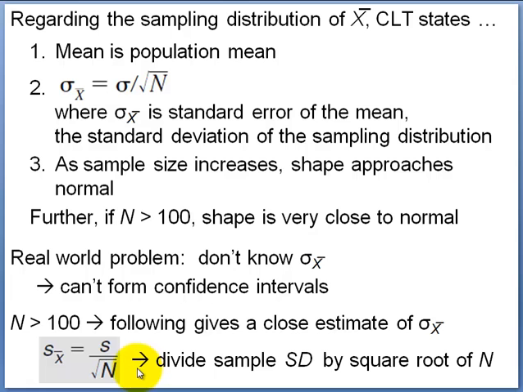To do that, what we need to do is take the standard deviation in our single random sample, and divide that by the square root of n. And that gives us the symbol on the left side of this equation, and that is an estimate of the standard deviation of the sampling distribution. This is a very good estimate when n is 100 or greater.